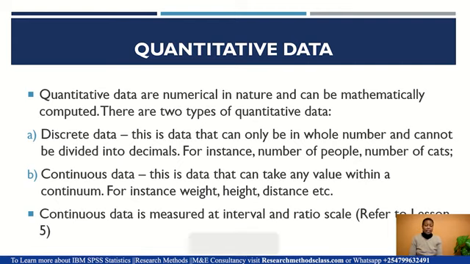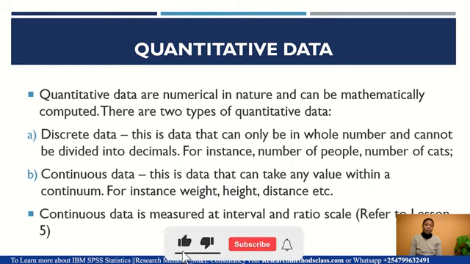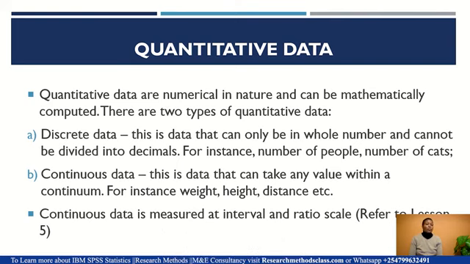If you are measuring the number of people or number of animals, they can only take a whole number. So you cannot talk about 10.5 persons, neither can you talk about 50.7 animals. They can only be whole numbers, and those are called discrete quantitative data.